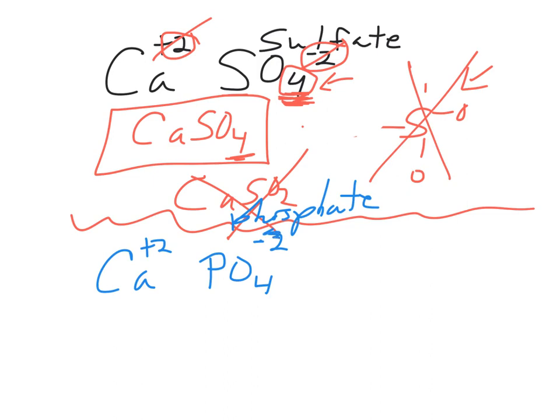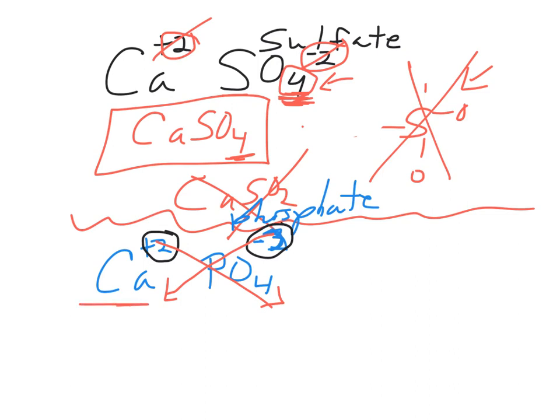Whoops, wrong number right there. -3. I was looking at calcium. So now here you have a 2, here you have a 3. Are they the same number? No, so they cannot cancel out. Can I reduce them? No.